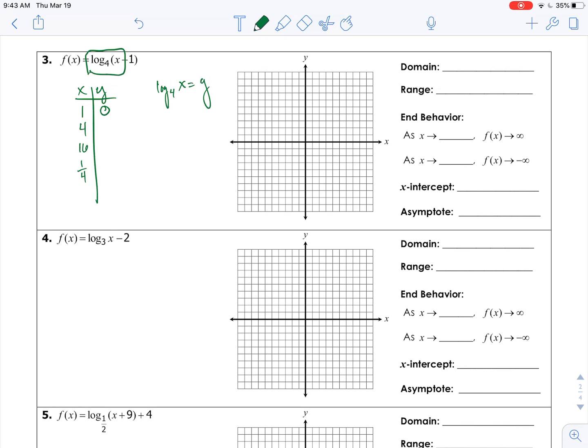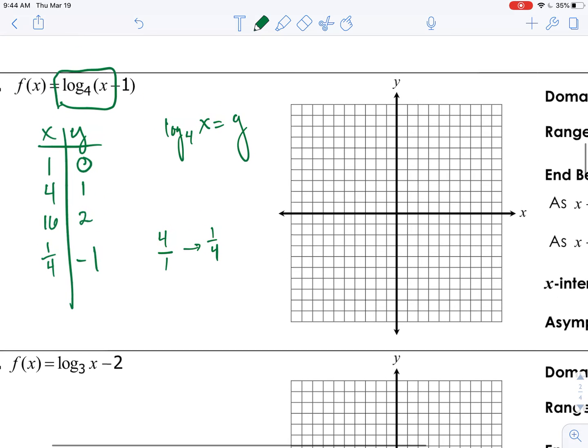We could do 1/4 if we really wanted to. So 4 to what power gets me 1? It's 1. 4 to what power gets me 16? That's 2. 4 to what power gets me 1/4? Well, if I flipped my fraction from 4/1 to 1/4, it's negative. And then 4 to what power gets me 4?